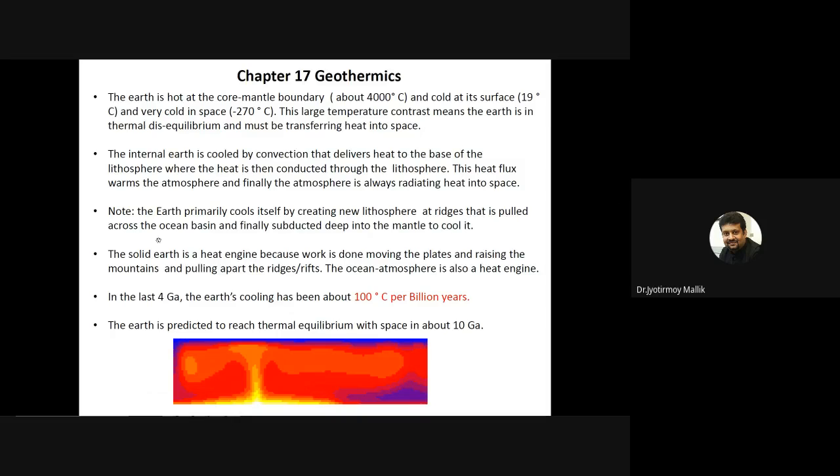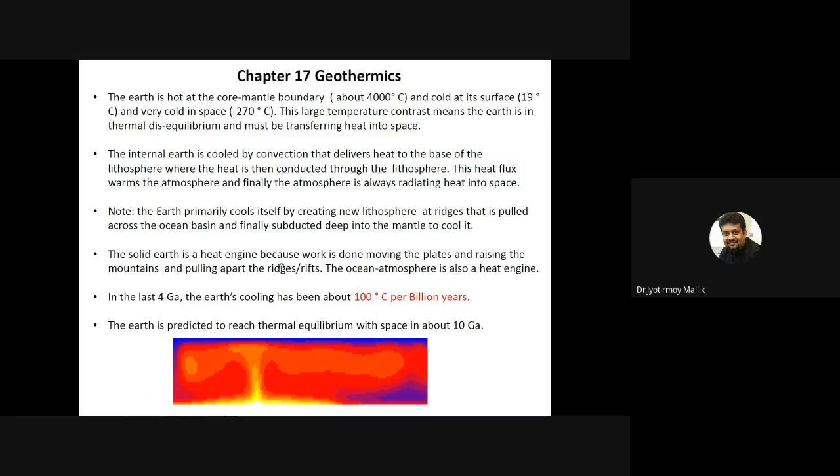The lithosphere created at ridges is pulled across the ocean basin and finally subducted deep into the mantle to cool it. Because when the cool slab goes into the mantle, you are putting colder material into the mantle, and the mantle is also constantly losing temperature.